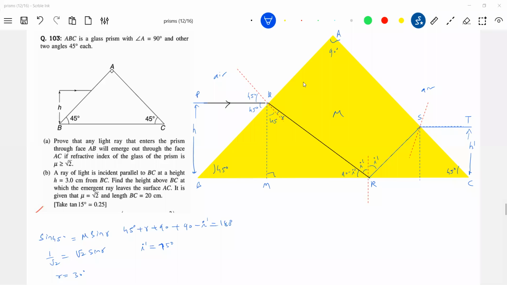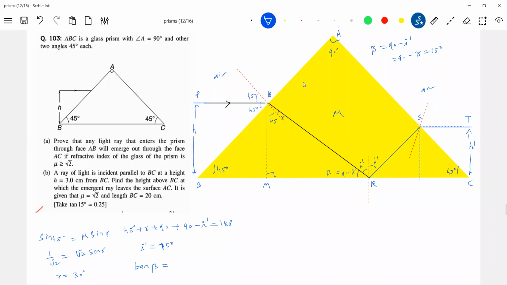From that, I'll get the length MR. This I'll call beta. So tan beta, I know H, it should be QM by MR. This will be 90 minus I dash, which is 75, so 15 degrees.